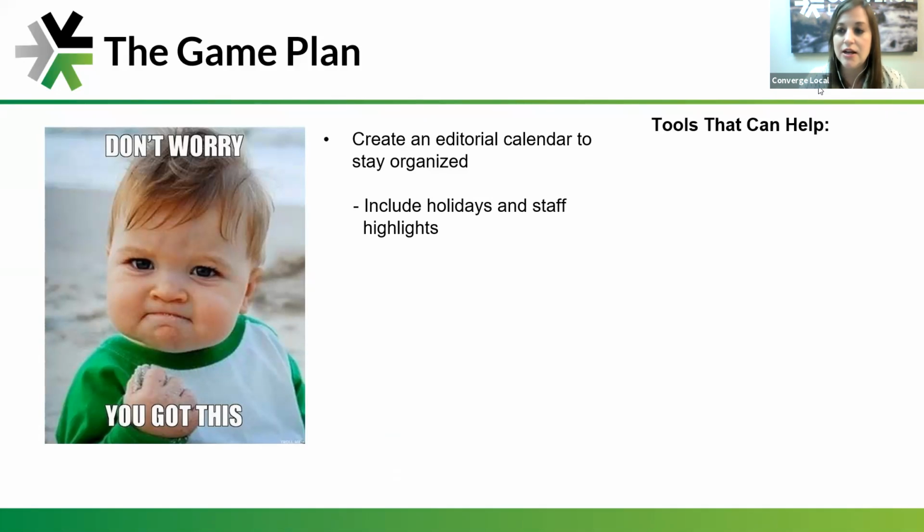You can even just write it on a piece of paper, but basically I have some semblance of what I am going to be posting each month for our social media, right? I know the holidays that are going to be involved, and those are a given. Maybe one month we're focusing on staff highlights, whatever the case may be, but you're organizing yourself by the month to say, these are things I know that we're going to be posting.